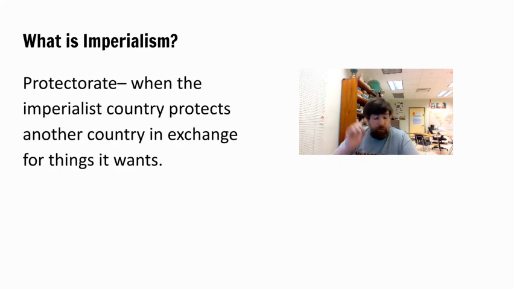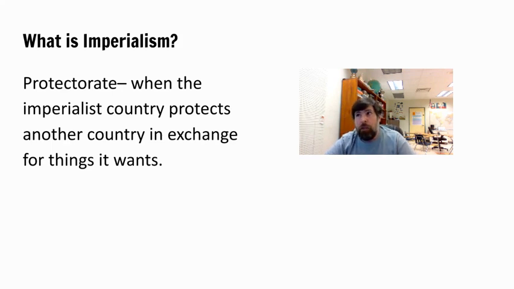And then there's a protectorate, which is where the imperialist country offers to protect another country, but in exchange gets what it wants. So the United States did this with the country of Panama, where they were like, hey, we really want to build this canal. And Panama was like, okay, and then the United States was like, and we're going to make sure nobody ever messes with you. And in exchange, you're going to let us build this canal.